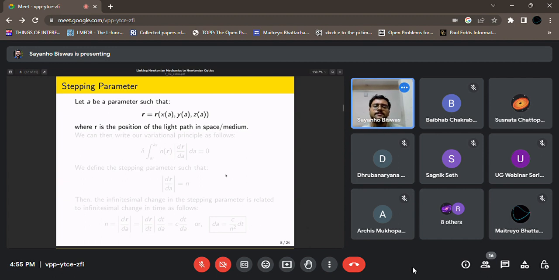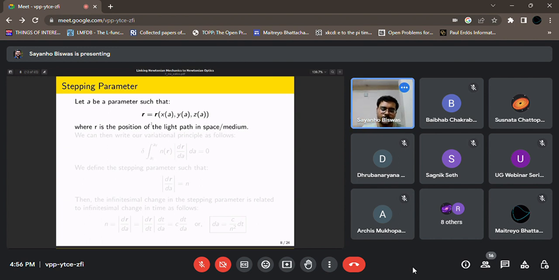So similarly, any trajectory of a light ray, r vector. One thing to note is the bold font represents a vector, and non-bold fonts represent a scalar quantity, normal vectors in a Euclidean vector space. So this r denotes the trajectory of the light path, and r is a function of x, y, and z.